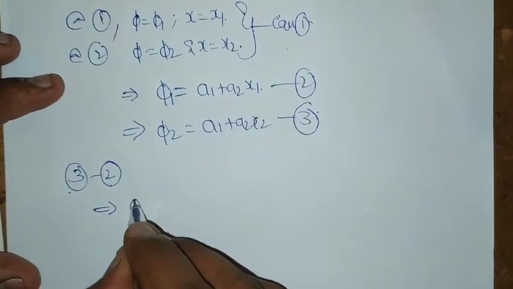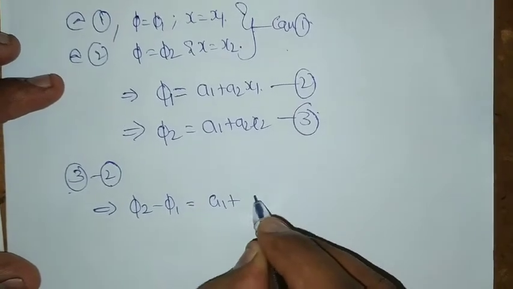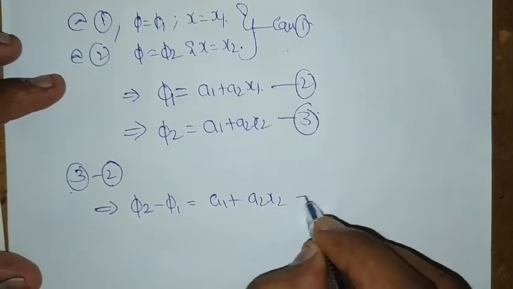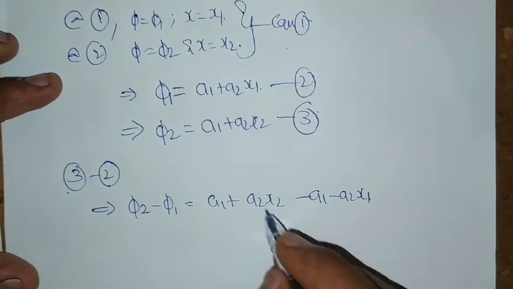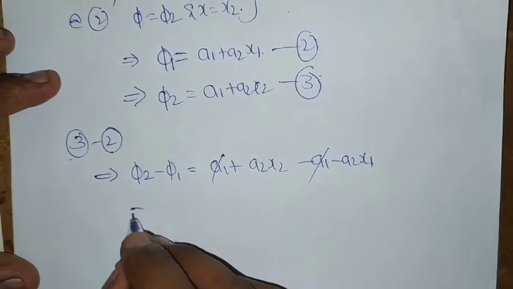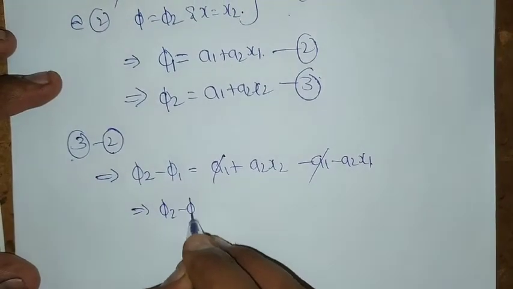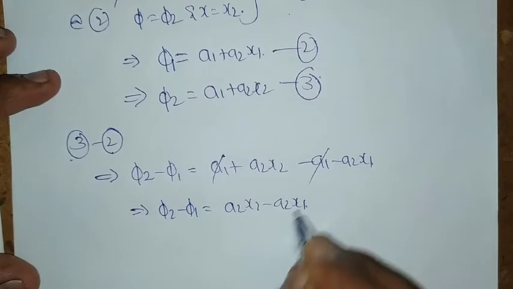Then the equation can be written as phi 2 minus phi 1 is equal to a1 plus a2 x2 minus a1 minus a2 x1. Here a1 gets cancelled out. So phi 2 minus phi 1 is equal to a2 x2 minus a2 x1.